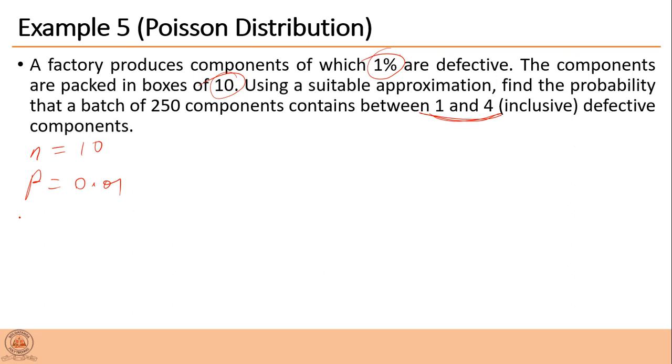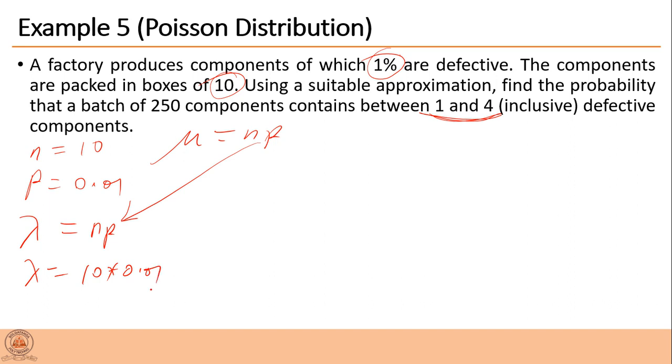The relationship between the mean of the Poisson distribution and that of the binomial is that the mean for the binomial, which is np, is the same thing that we are going to use here, and give that value to lambda. So our lambda is equal to 250 multiplied by 0.01, 0.01 being the 1%, which is equal to 2.5.